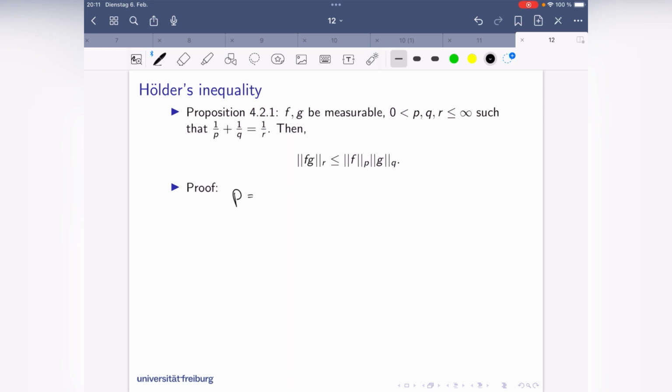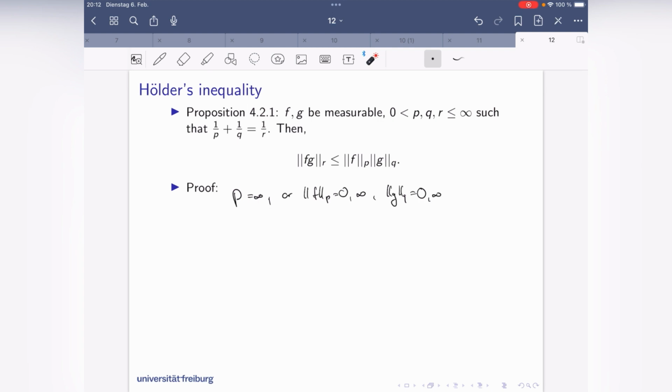So first, if p equals infinity, or if the norm of f is 0 or infinity, or if the norm of g is 0 or infinity, all this here is clear.